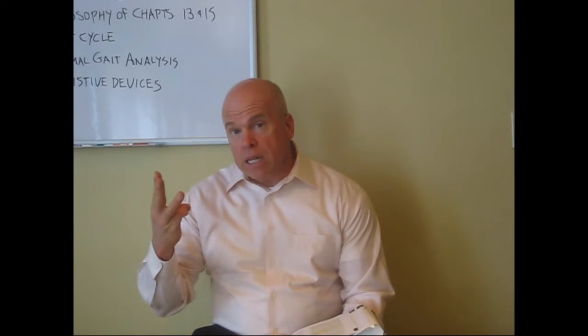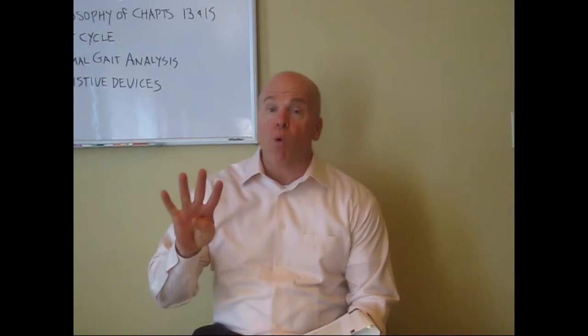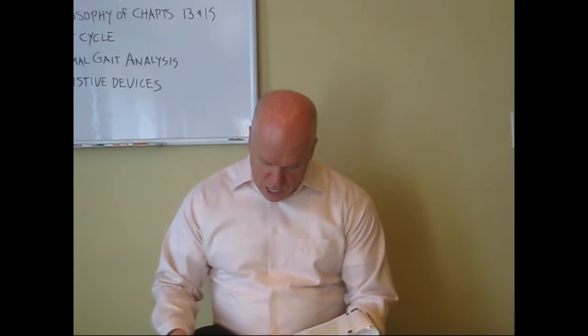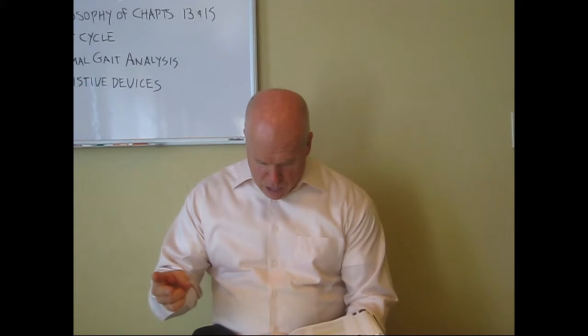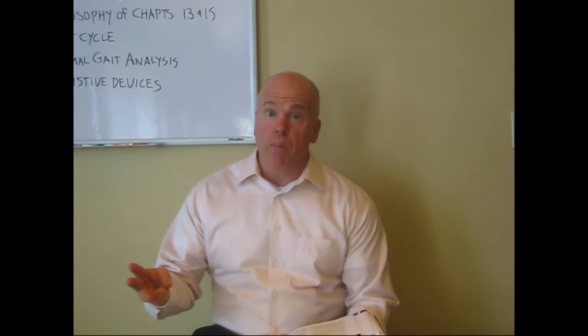In this table they describe 3 levels of impairment. Remember, in chapter 13 we had 4 classes; in chapter 17 we have 3 levels: mild, moderate, and severe impairments.